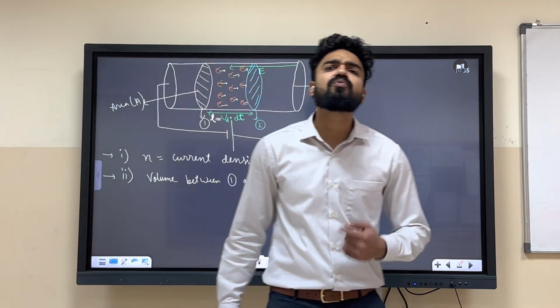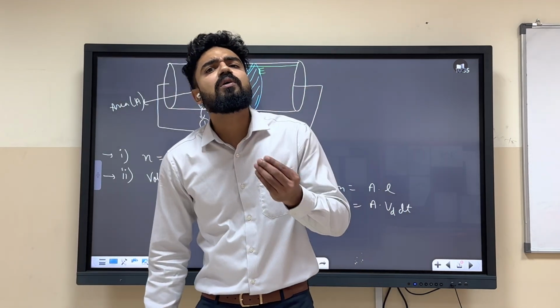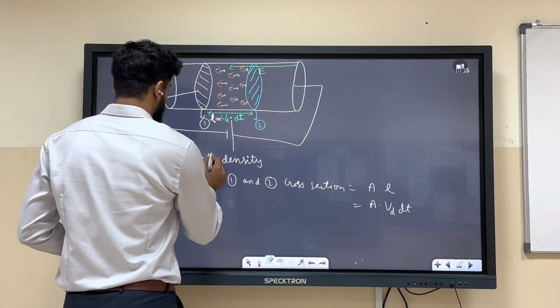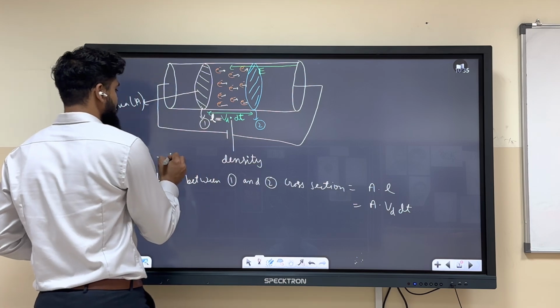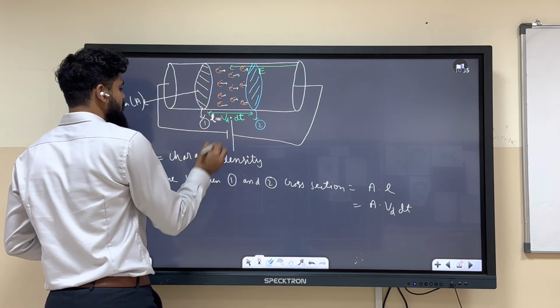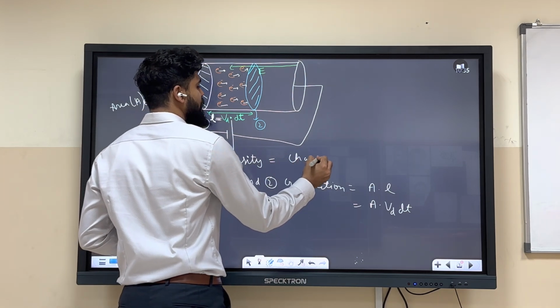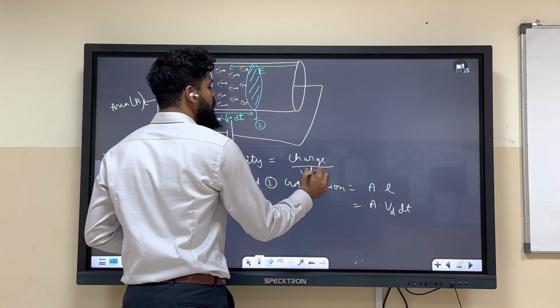Achha, why are we writing this volume? Because see, what is your current density? Achha, I'm writing wrong, I'm so sorry. This is not current density, this is charge density. Charge density is nothing but charge upon volume.